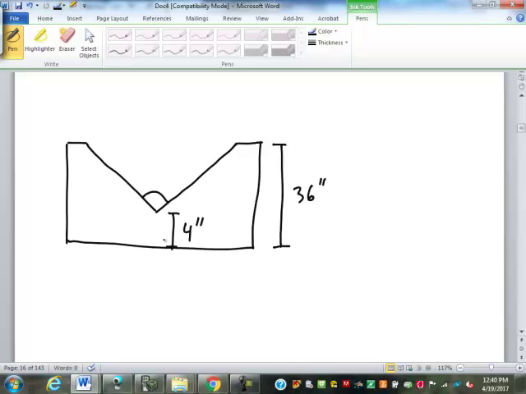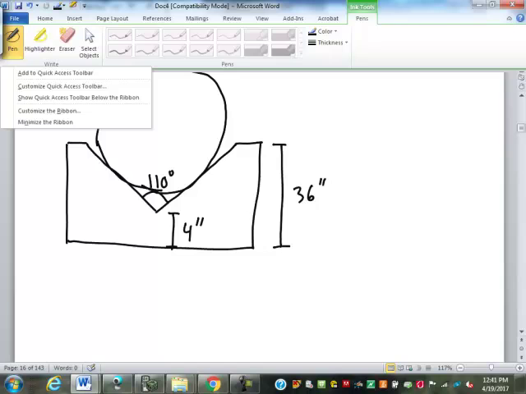This angle, I'm going to make it 110 degrees. And our spool of wire or cable or whatever, let's say it has a diameter of 48 inches.